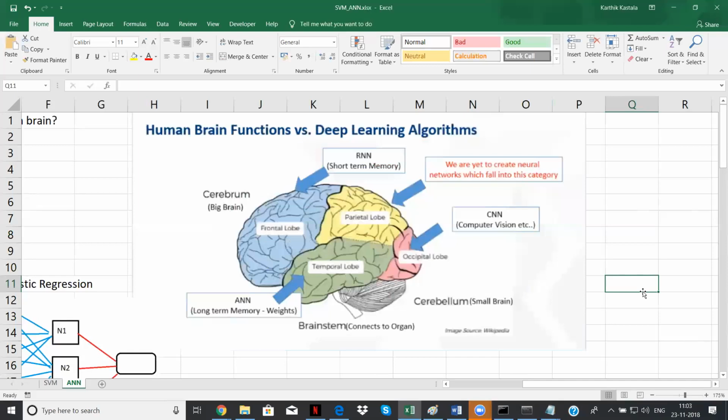Now look at the other one, your frontal lobe. Let's say, for example, I heard a song in 2015. Let's say some random song. There would be some songs which would be famous in 2015. Let's say you have heard it time and again, but after that you have never heard that song.